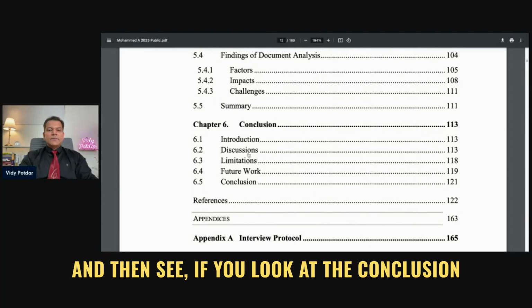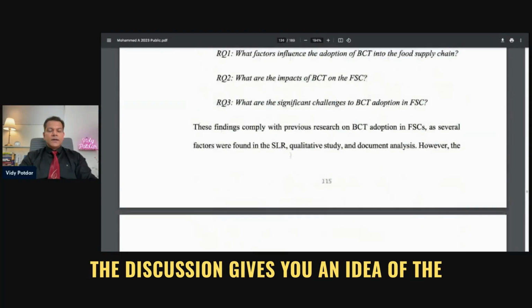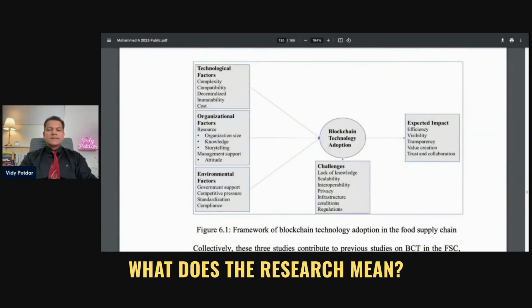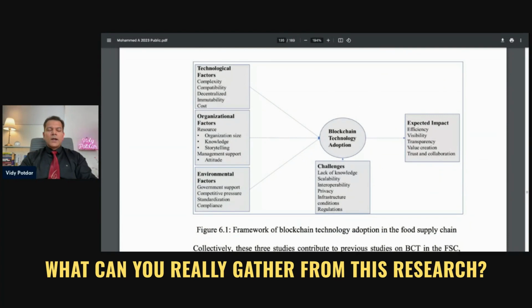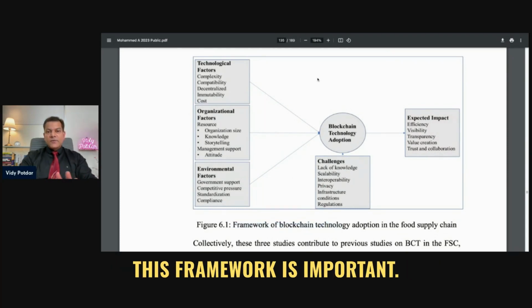Then, if you look at the conclusion, the discussion gives you an idea of what the research means. What can you really gather from this research? If they have proposed a framework, then you can say, okay, from this thesis, this framework is important.